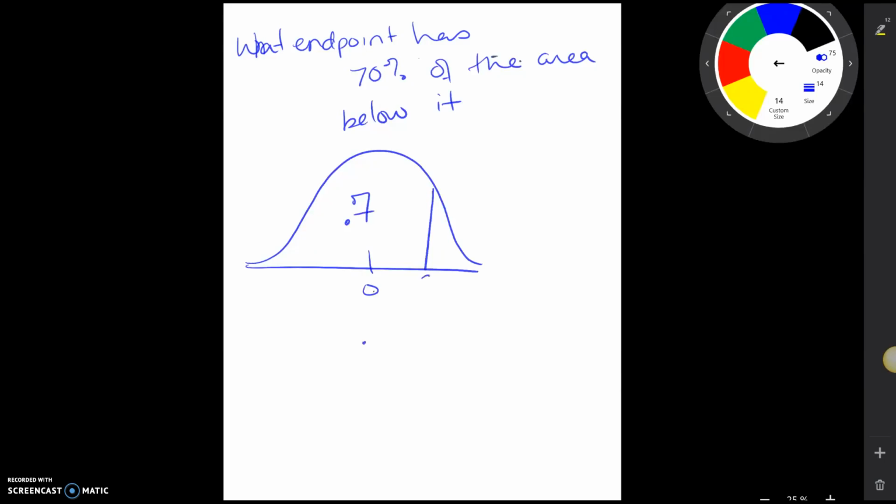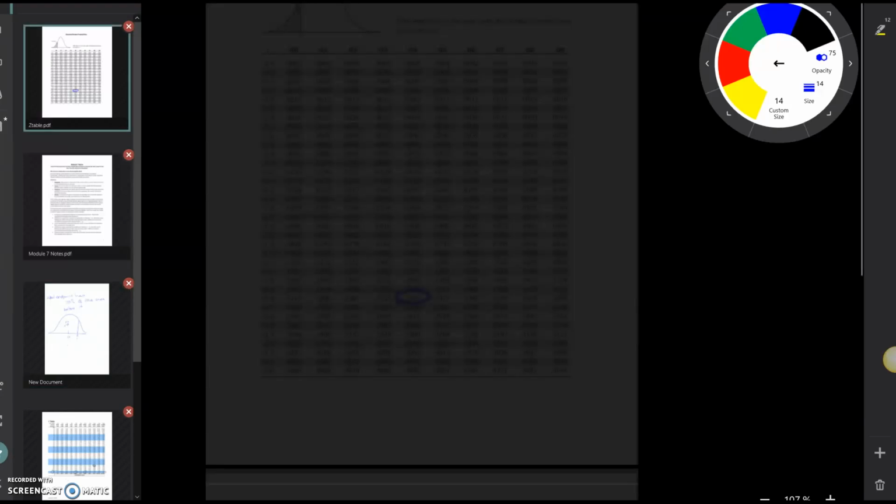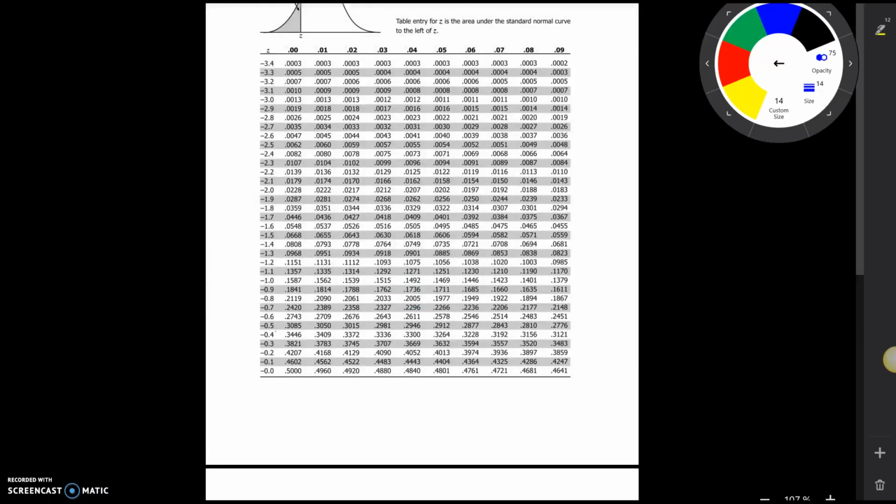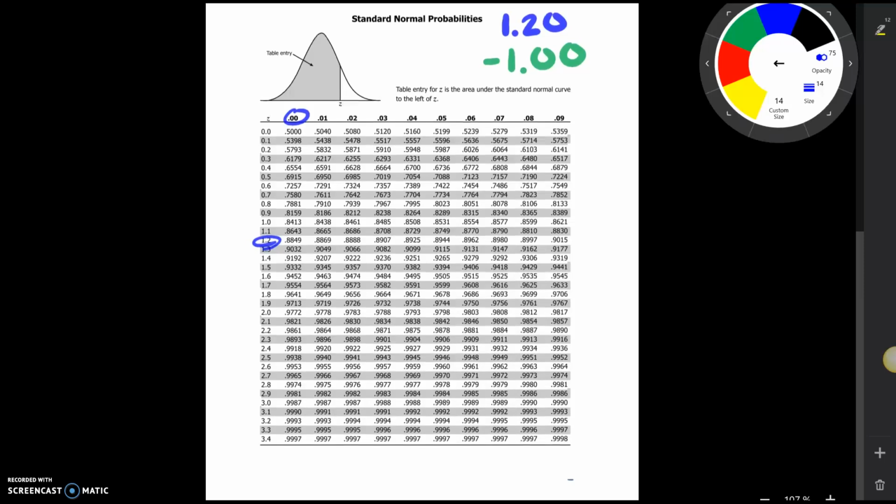So we would have 0.7 here, and we're looking for this endpoint. Now we don't have to do anything extra because the table looks at the areas to the left. So if we go over to our table, we want to find the area that's closest to 0.7. That's going to be on the next page. Looking to find the one that is closest to 0.7, that's going to be this one right here. So the endpoint we're looking for is 0.52.